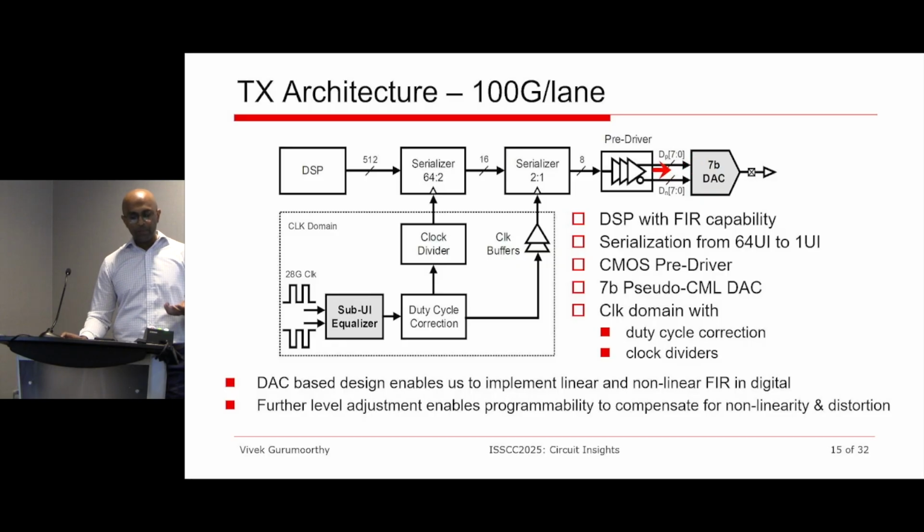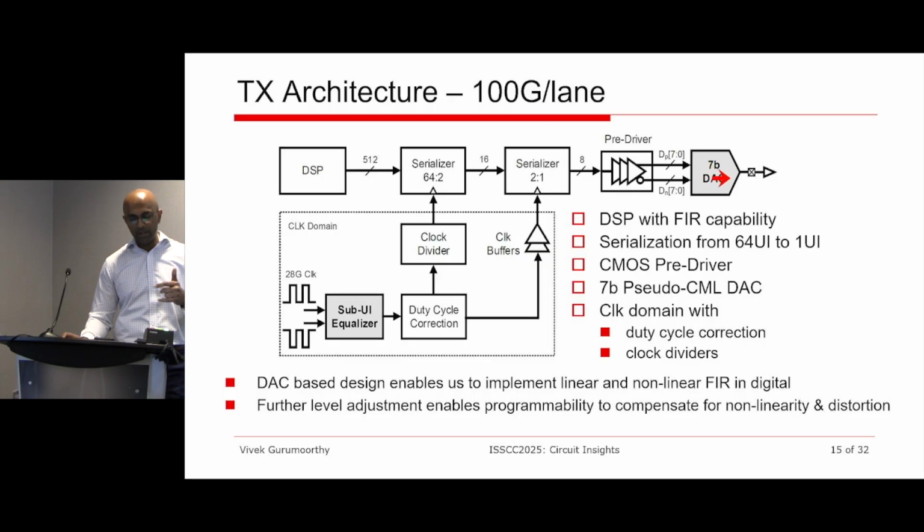So why a DAC-based architecture? To answer that, we need to go back to some of the equalization techniques that we saw in the wireline talk. We talked about FIR, FFE. A lot of those things are much, much easier when you do them in the digital domain. All you're doing is transmitting a 7-bit DAC output, which is 0 to 127 levels, and you can modulate that however you want in the digital domain.